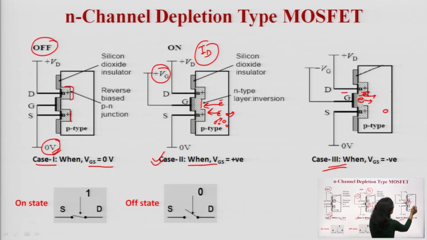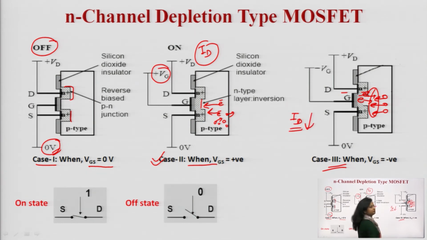And holes, which are the majority charge carriers in the p-type substrate, will be attracted towards the gate terminal. Now recombination of electrons and holes will occur over here, and when this recombination occurs, the drain current decreases.